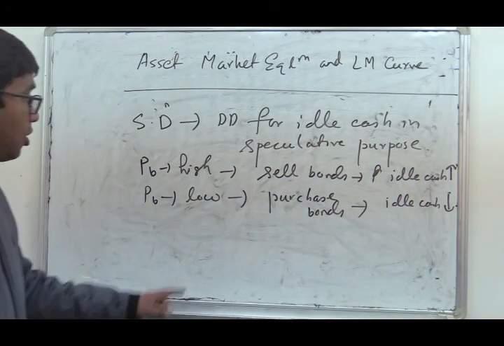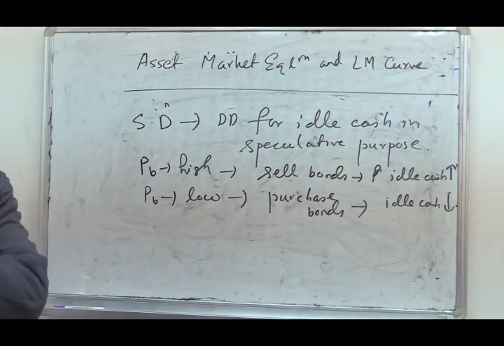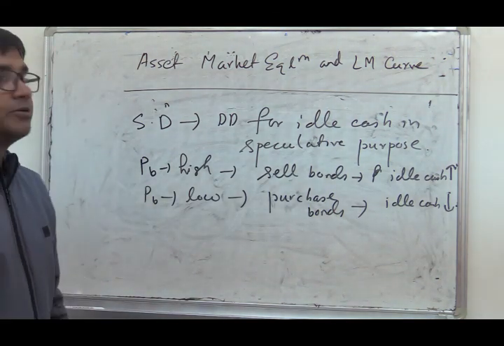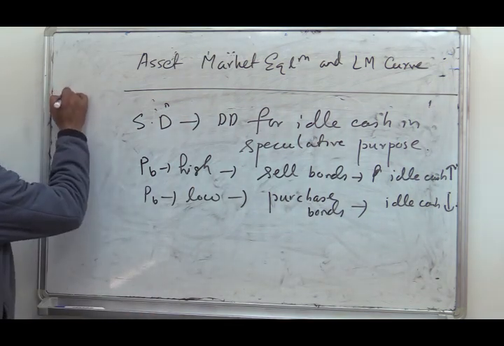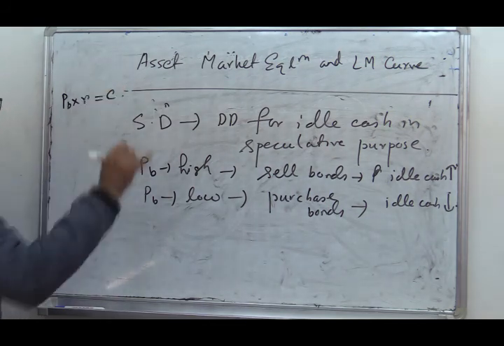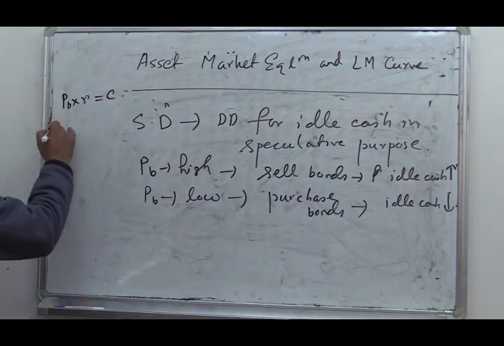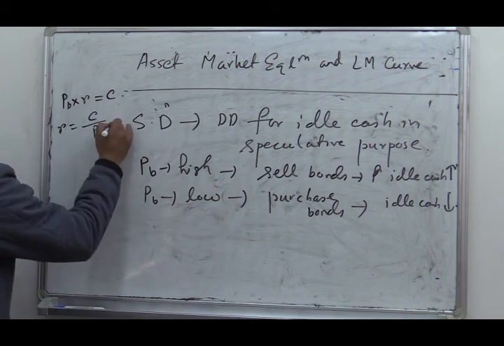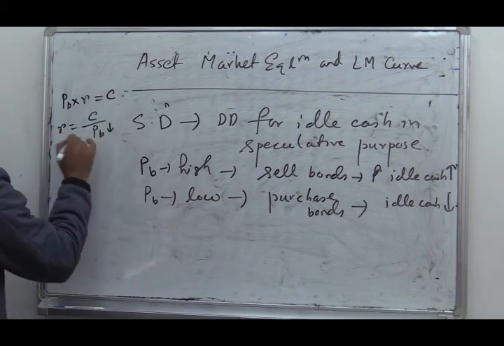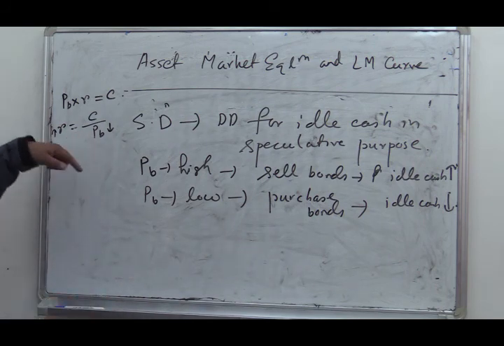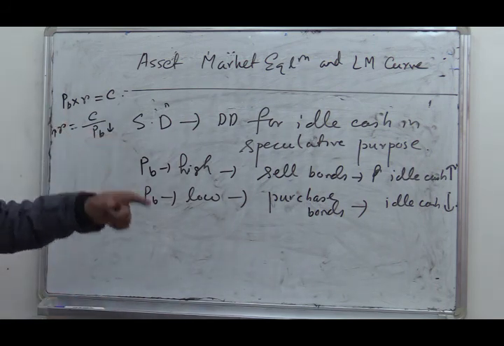Now, what is the indicator of bond price in the money market? Obviously the rate of interest. Because the face value of a bond is bond price multiplied by rate of interest. This is constant. So rate of interest equals C by PB. So whenever we see PB falls, that means rate of interest will rise, and when PB rises, rate of interest will fall.